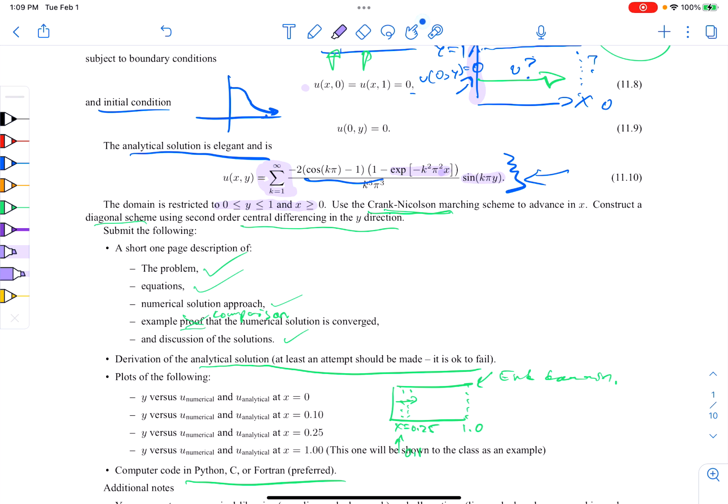And we'll go from there. I think it's really important to get this solver working, because we're going to take this and modify those equations to solve the laminar flow equation with slightly different boundary conditions.